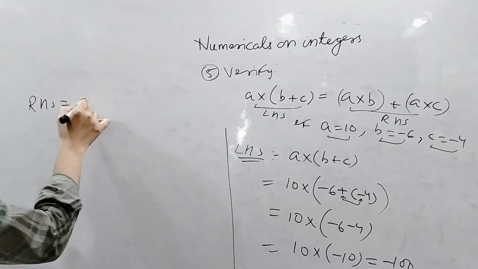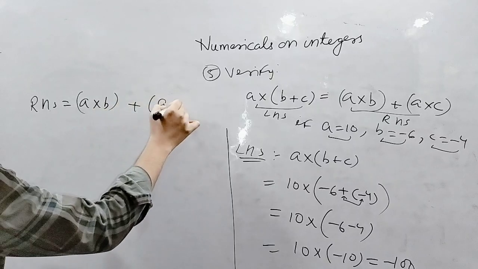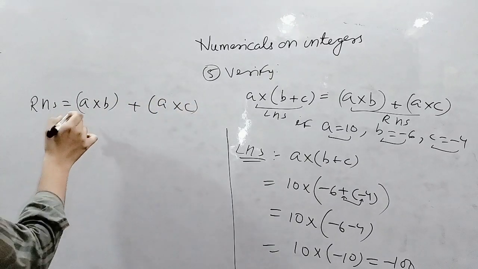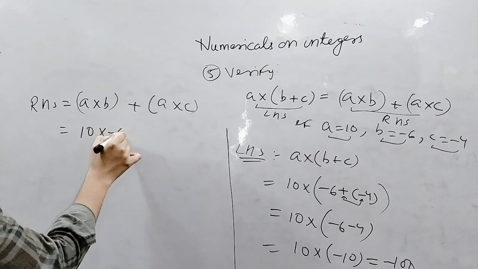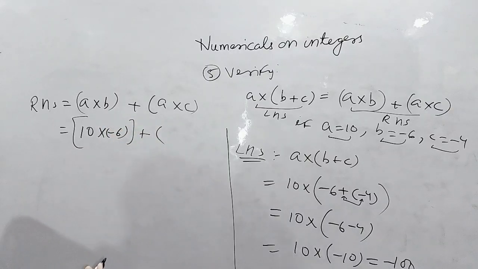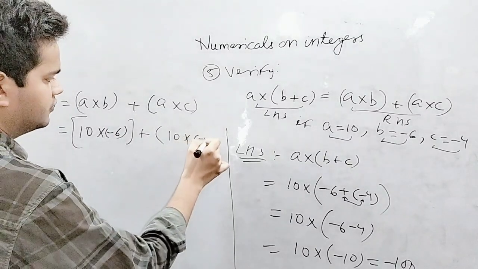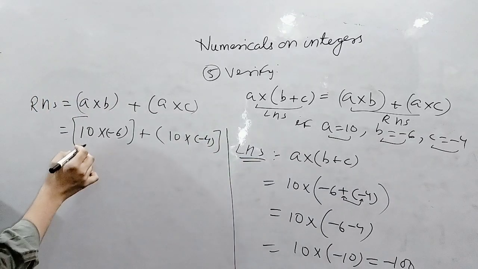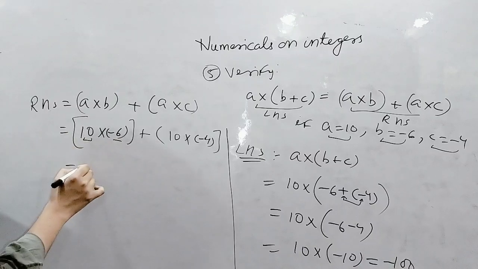Now RHS is A into B plus A into C. Okay. So what is my A? A is 10, B is minus 6, and A is 10, and C is minus 4. So यहाँ पे we are multiplying a positive term with a negative term. तो आंसर माइनस में आएगा.